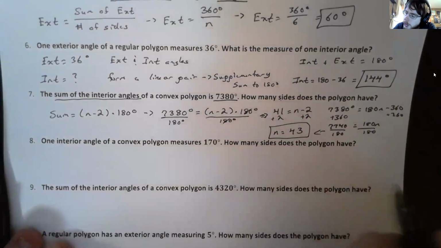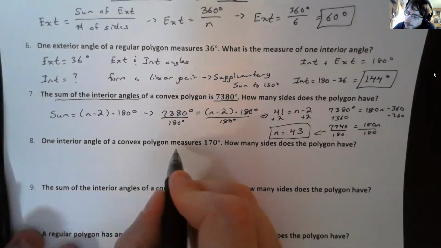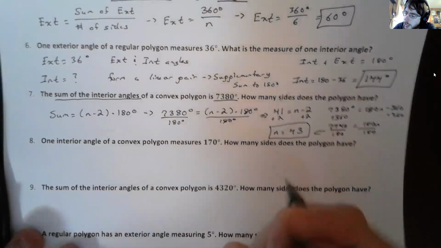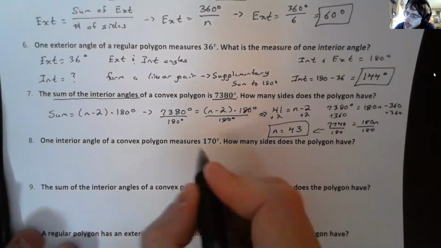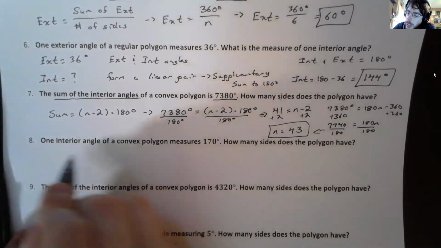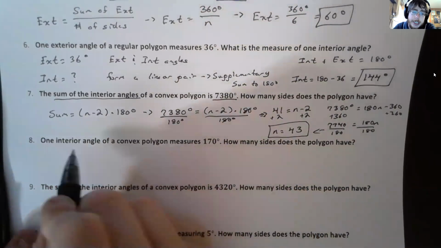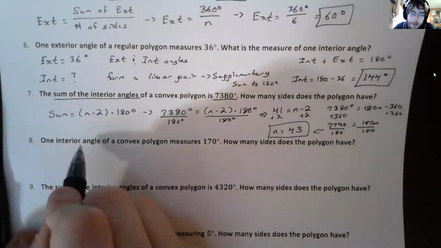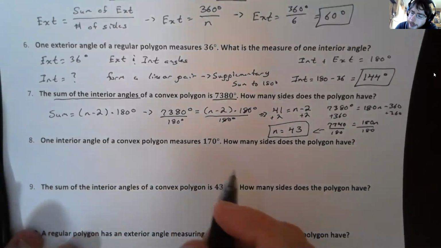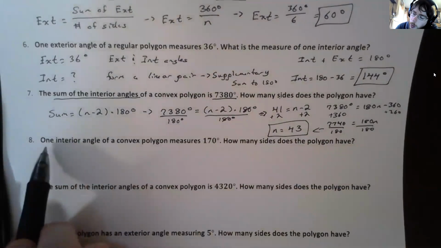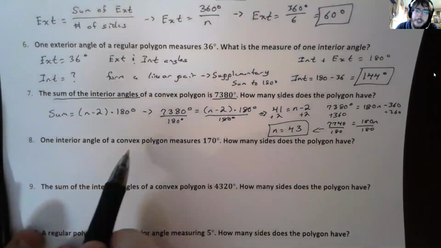This should say regular convex, but it is what it is. So I'm going to use the exterior angle instead of the interior angle, okay? Because it has a little bit of a simpler formula. So one interior angle measures 170 degrees.